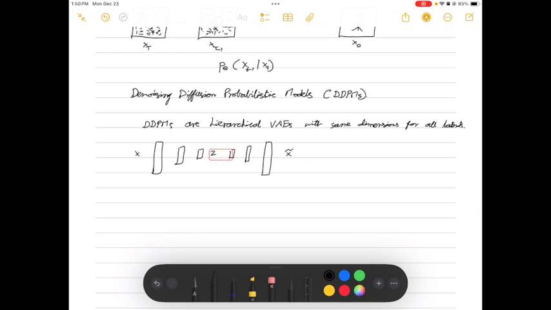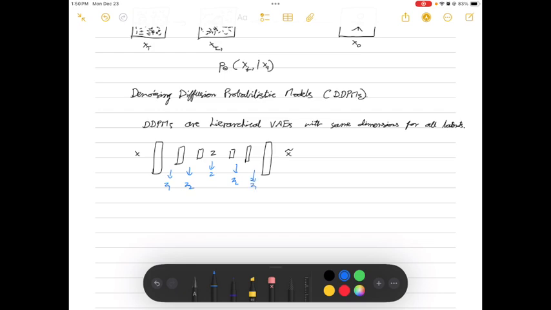So the latent here would be Z1, here it would be Z2, and so on until I reach the actual latent Z, and then here it will be Z2 again and Z1.